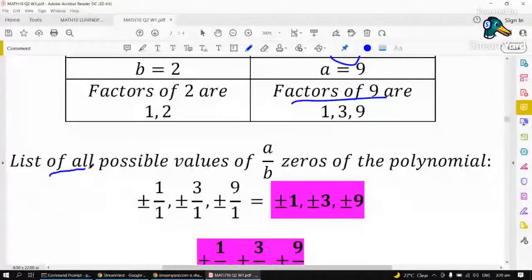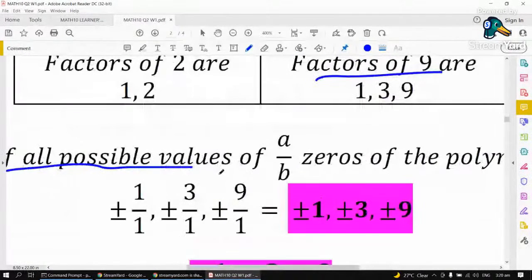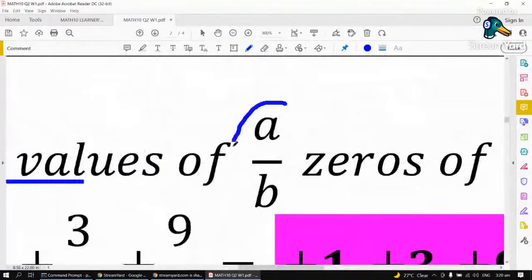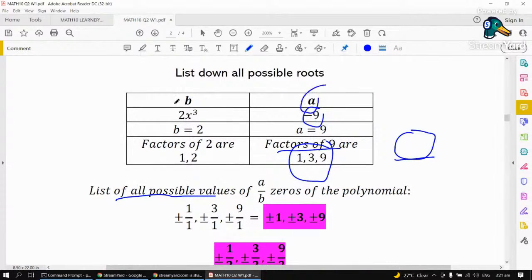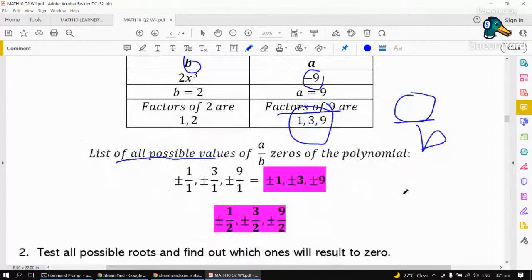And then, ang gagawin natin is, kukunin natin ang lahat ng possible. So, the formula is A over B. Lahat ng A na to, lalagay natin sa ibabaw. So, meron tayong fraction, at itong B is yung nasa ilalim.